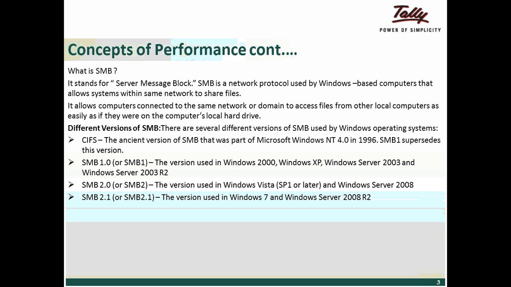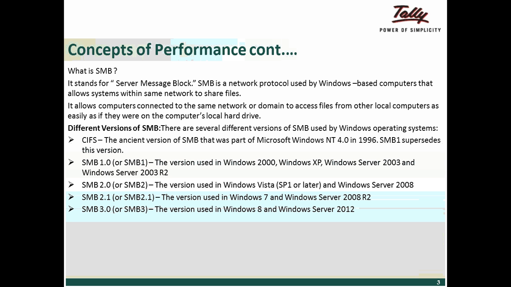Next is SMB 2.1, the version used in Windows 7 and Windows Server 2008 R2. Now, the latest is SMB 3.0 or SMB 3. The version used in this case are operating systems such as Windows 8 and Windows Server 2012.